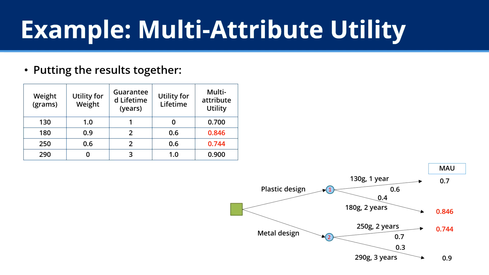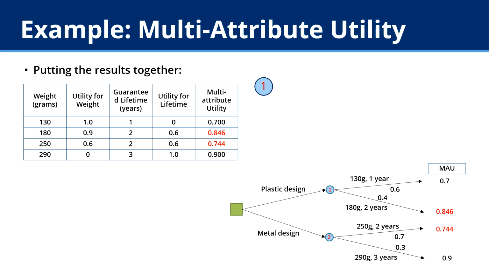So we're now ready to roll back from right to left and figure out the expected values of each one of these nodes. Let's start with node 1. I've labeled as node 1 the top node after plastic design, the chance node there.